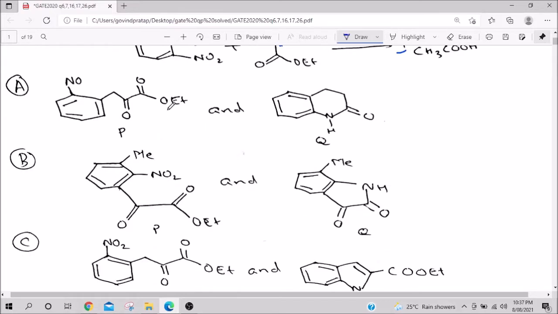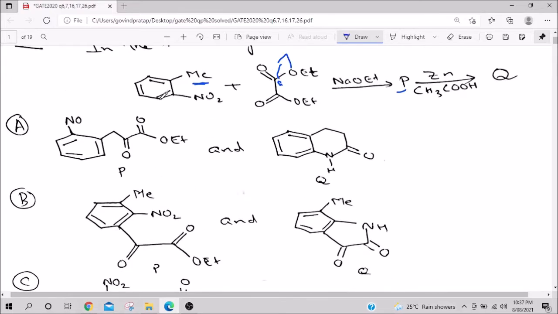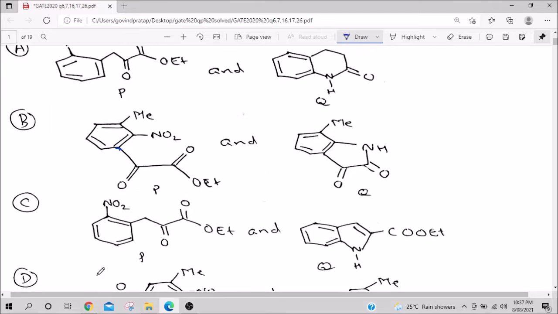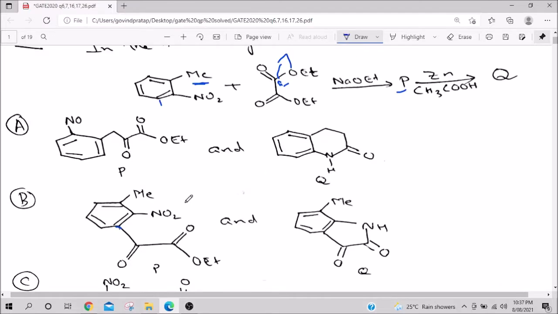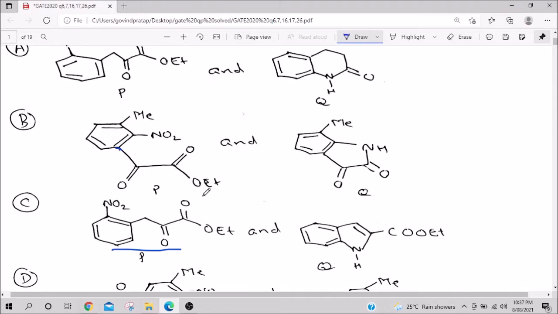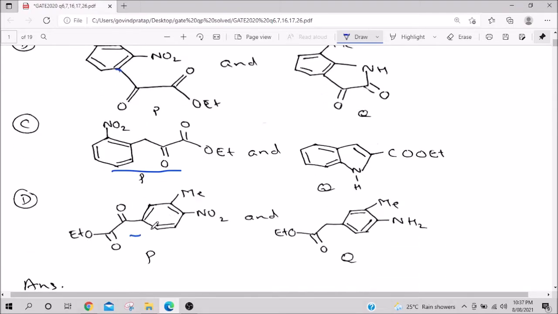If you see choice B, on the benzene ring, ortho position to the nitro, this part is going and attacking oxalate and then you are getting P. In choice C, again this methyl group, one proton is lost and then attachment is happening, and in D, para position to nitro group, attack is happening.